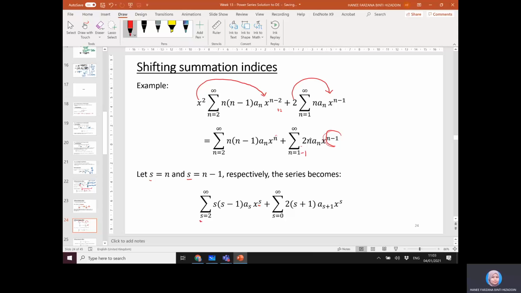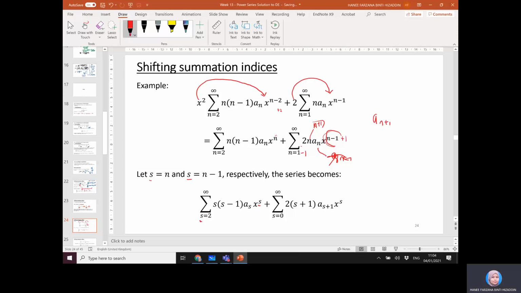So here the n becomes n plus 1, and then the a sub n becomes a sub n plus 1. And then at the top, when you plus 1, it just becomes n.